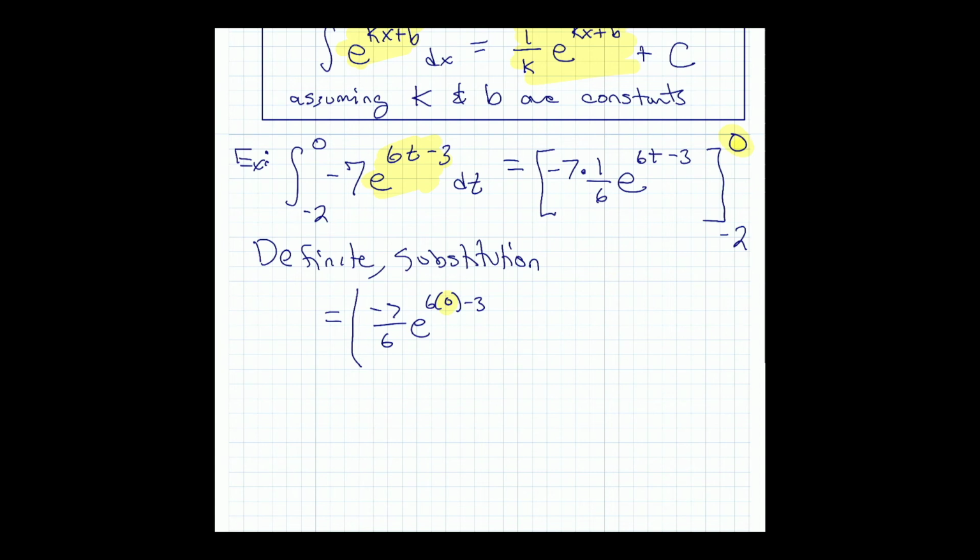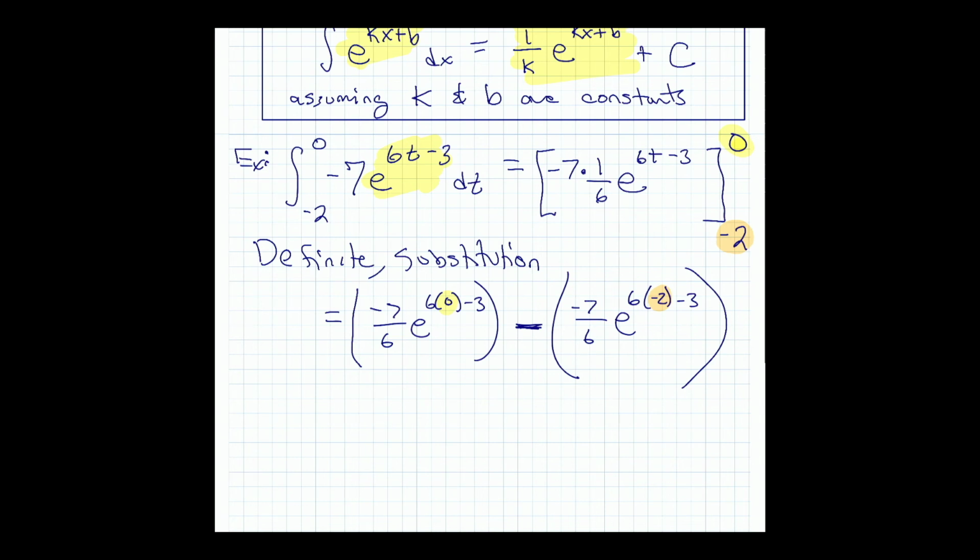Then you've got a -2 down there, so minus, and you plug -2 in: -7 over 6 e to the 6 times -2 minus 3. Okay, so that is your fundamental theorem of calculus.